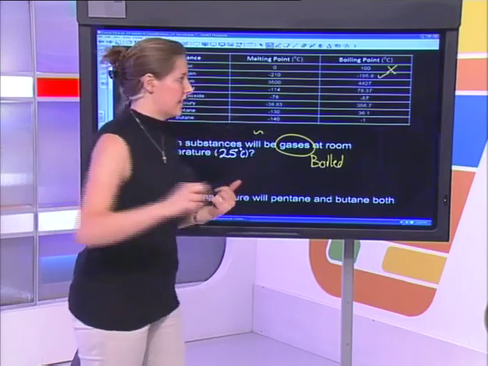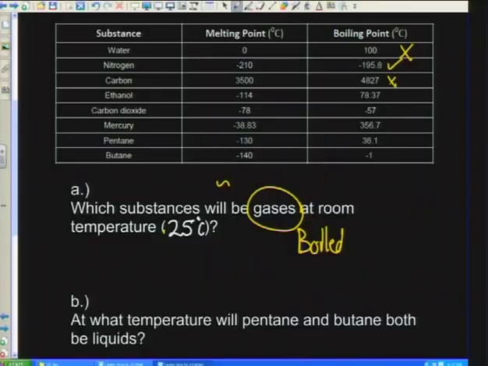So that's going to be a lot hotter to get to. No, it's not going to be a gas at room temperature. Ethanol, 78, no. Carbon dioxide, minus 57 degrees Celsius, it would boil. So yes, that would be a gas. And mercury, no, not yet.